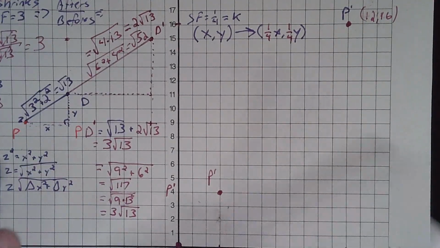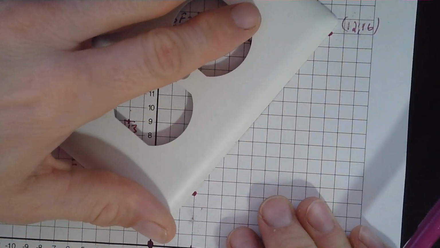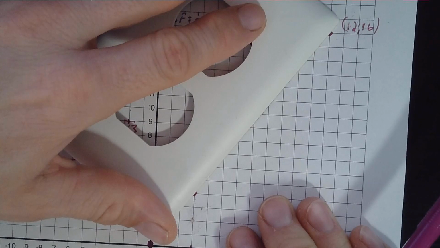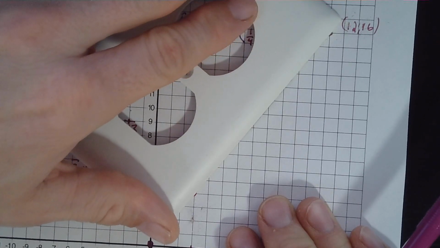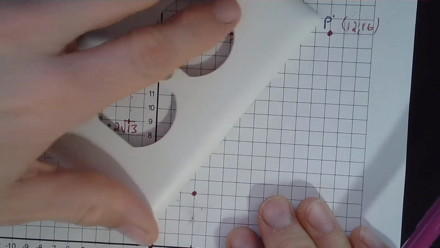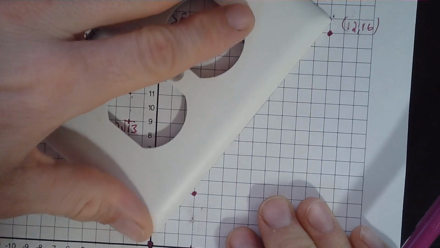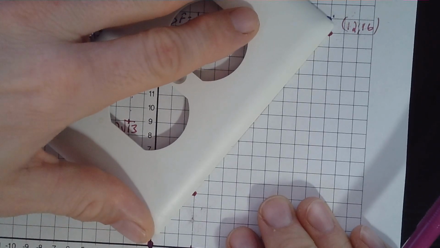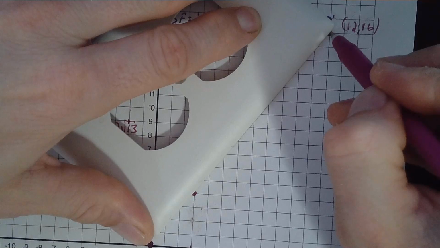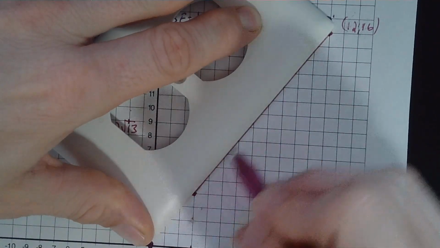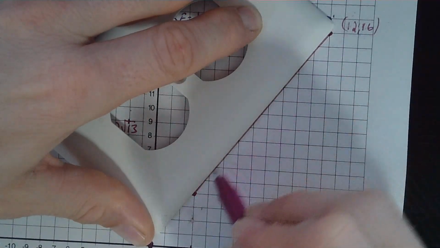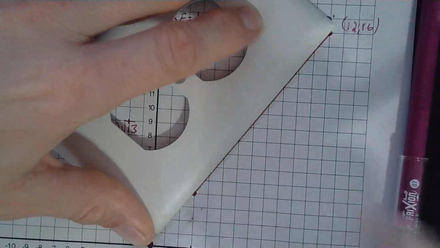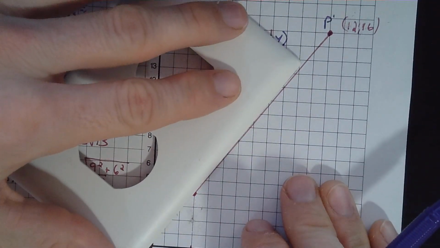So anyway, now I'm going to take this and draw. This is my dilation. I actually drew that closer. My initial line would have been this purple one.